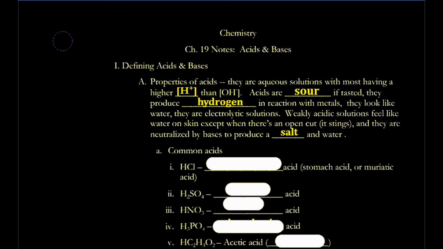So the first thing we're going to do is show you how an acid produces hydrogen when it reacts with metals.